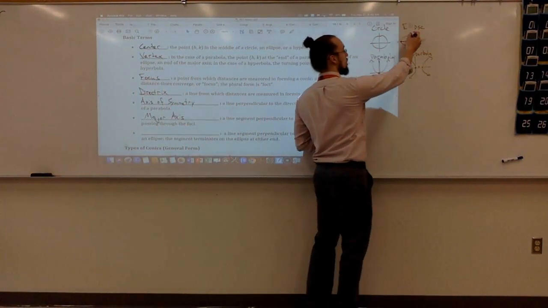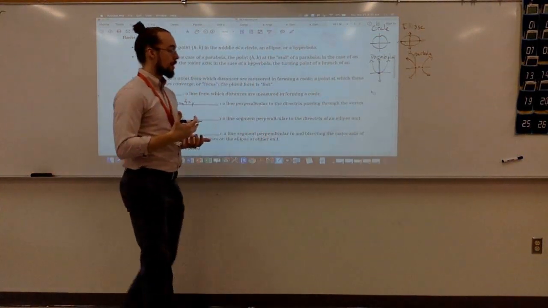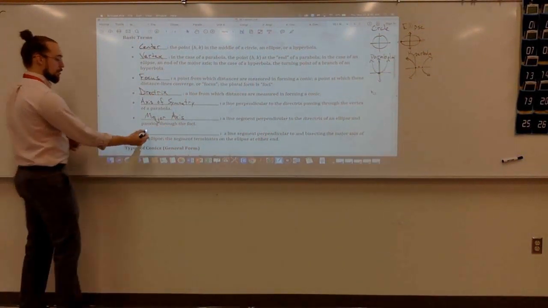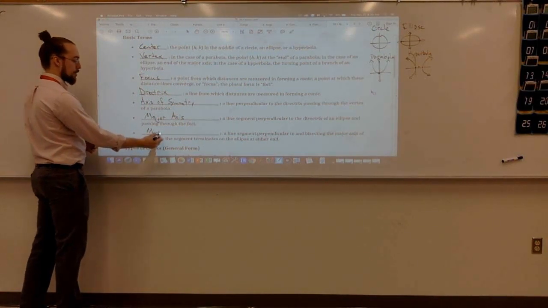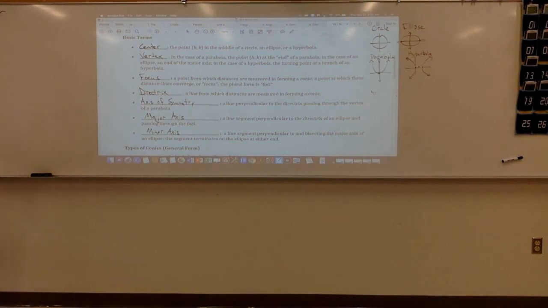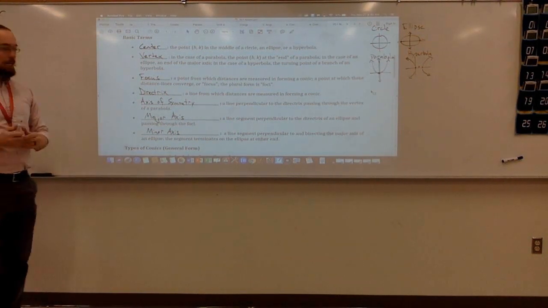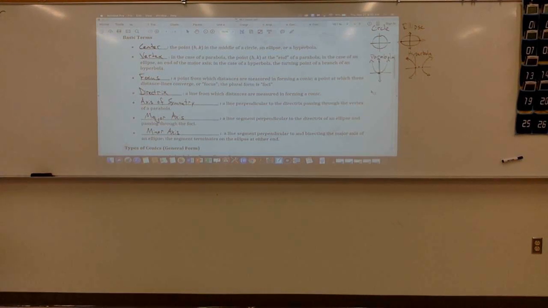So that's going to be a line going through the middle in the opposite direction. This is called the minor axis. Again, we'll talk about each of these things individually when we go through each type of conic section, but just so we have a list of vocab terms here at the beginning.